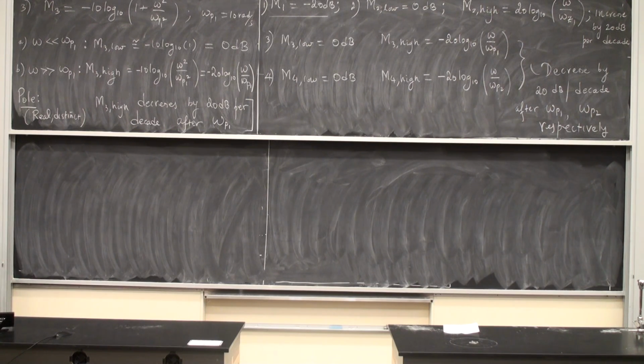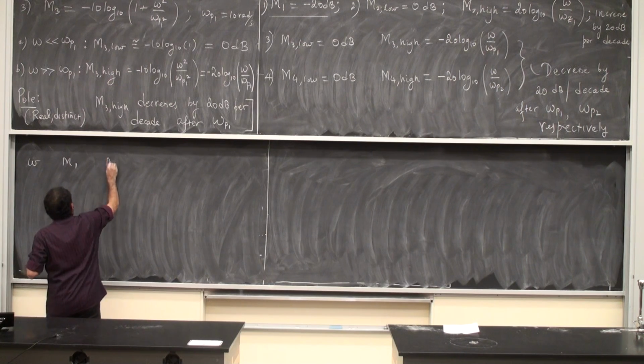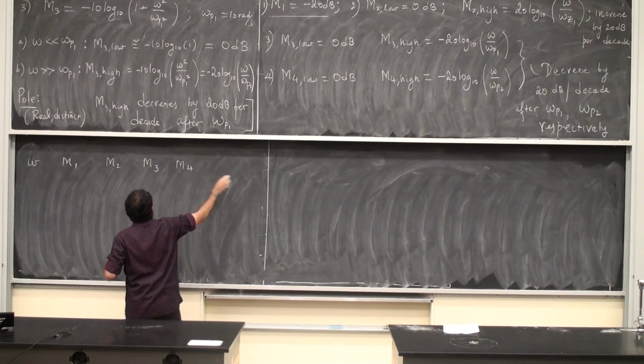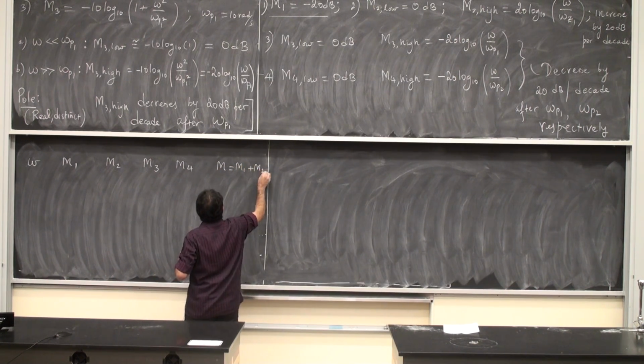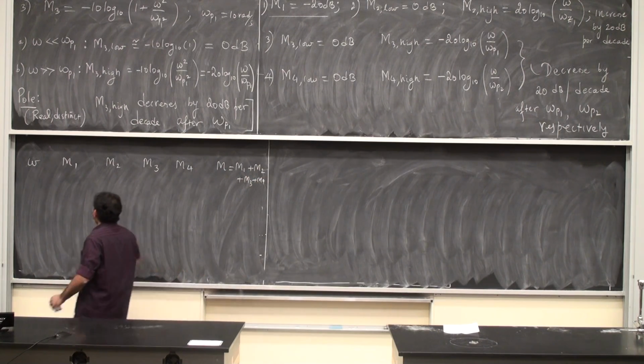Okay? So I say omega. Then I write each one of them, M1, M2, M3, M4, and M, which is the sum of all of this.